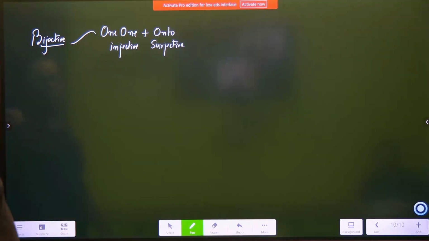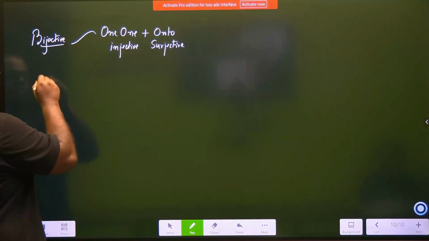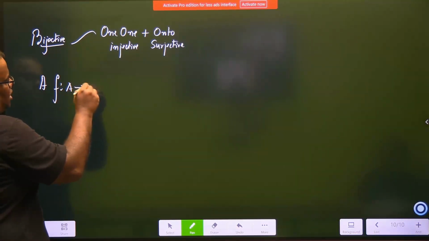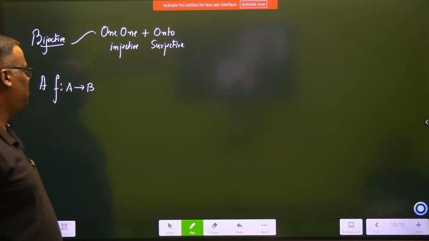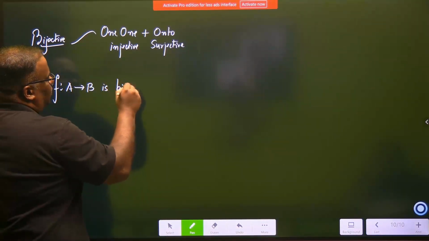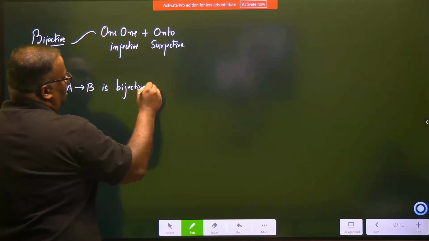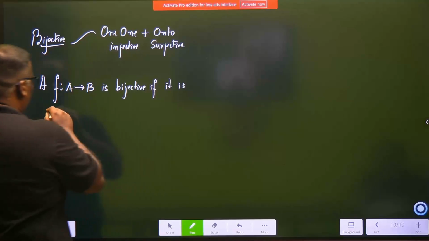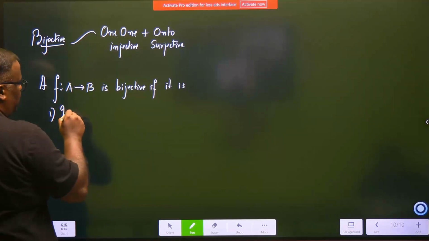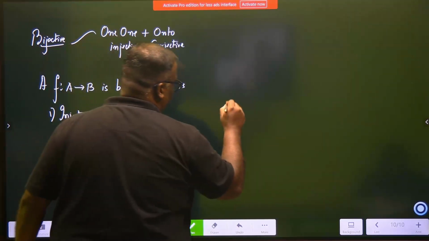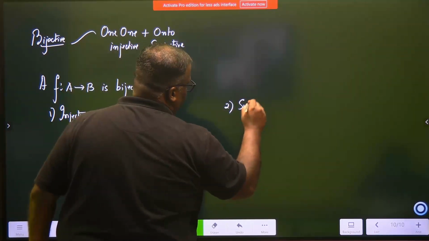Okay, let's see. We write a function f mapped from A to B is bijective if it is category 1, injective, and category 2, surjective.